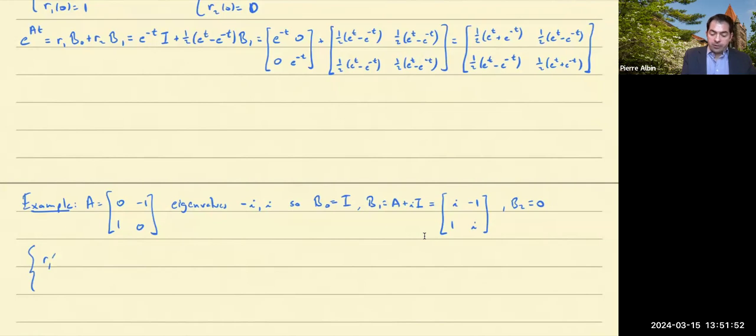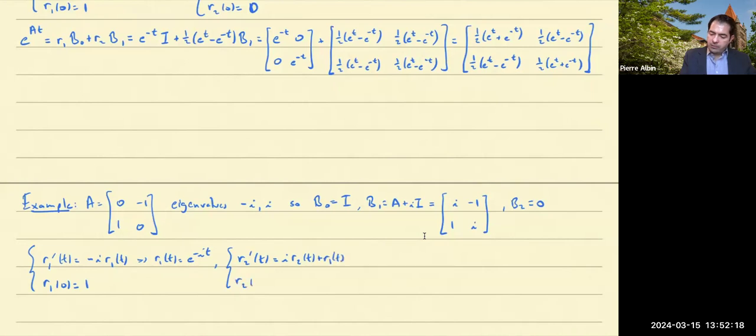Our first coefficient function, R1 prime, is equal to minus i R1 with initial condition R1 of 0 is equal to 1. So that gives R1 of t equals e to the minus it. The second coefficient function, R2 prime, should be equal to i R2 plus R1.